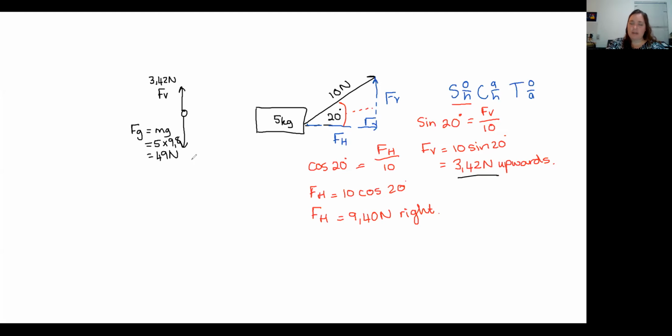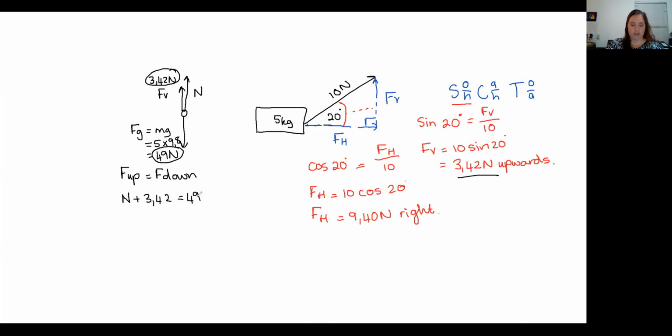In addition, there must be a normal force because these two are not yet equal, which means that the normal force must be the balancing so that these two are equal. So you can here say F up equals F down. The force up is the normal plus 3.42, which is equal to the 49.